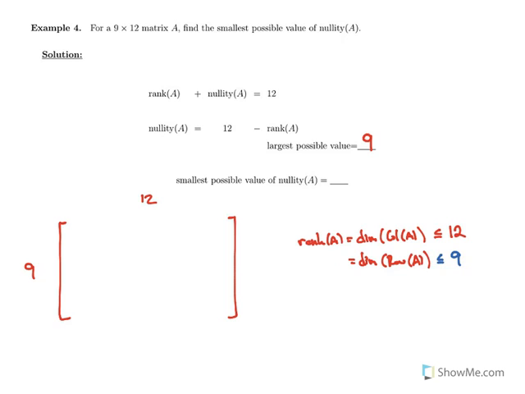Or think about just the row space. This means that the smallest possible value of the nullity is 3. That means that there are at least 3 free variables.